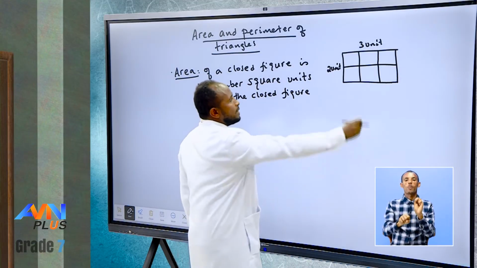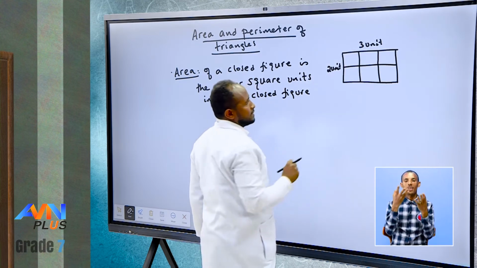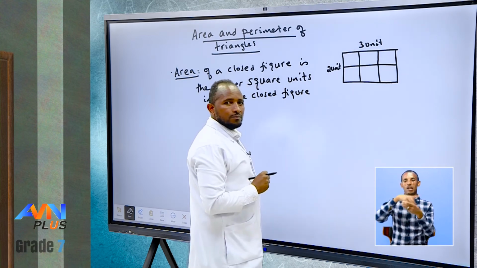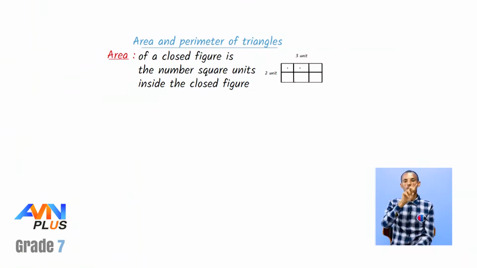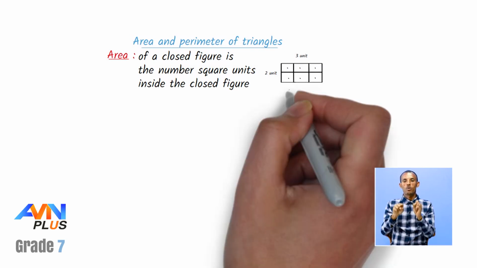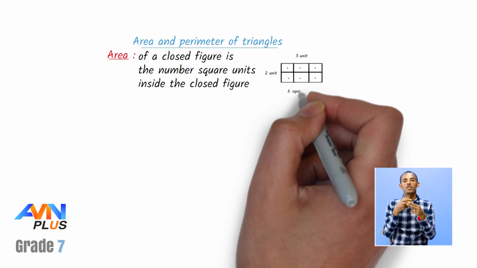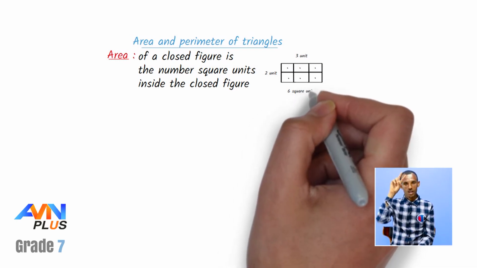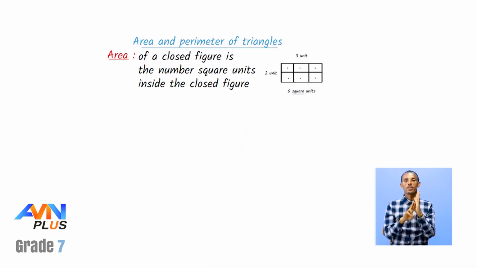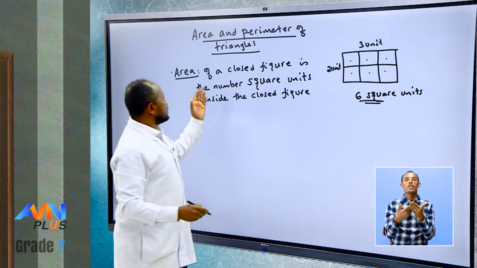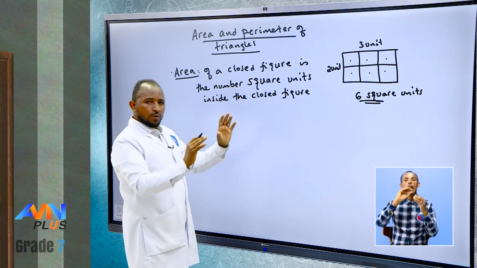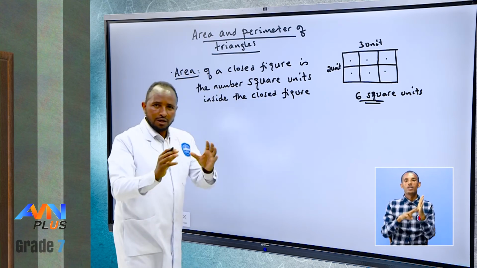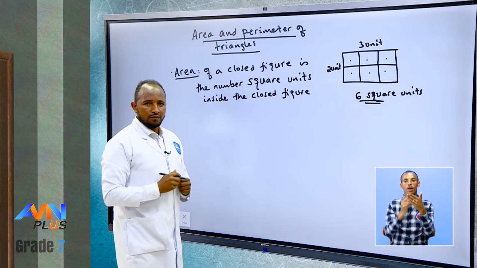So how many square units do you have in this region? Simply you can count the number of square units: 1, 2, 3, 4, 5, 6. So the area of this region is 6 square units. Therefore, the meaning of area is simply the number of square units inside that closed figure. That's the meaning of area.